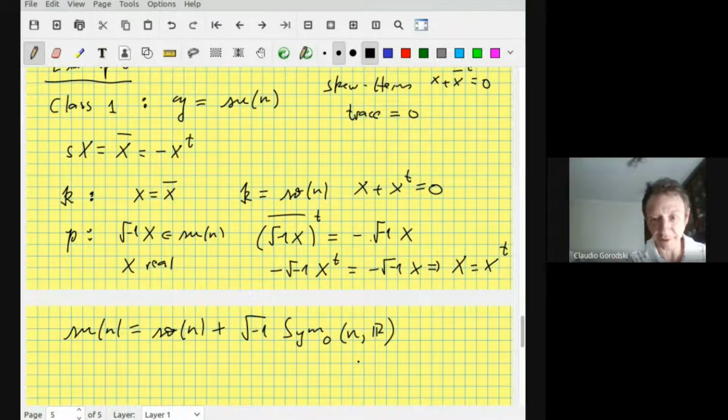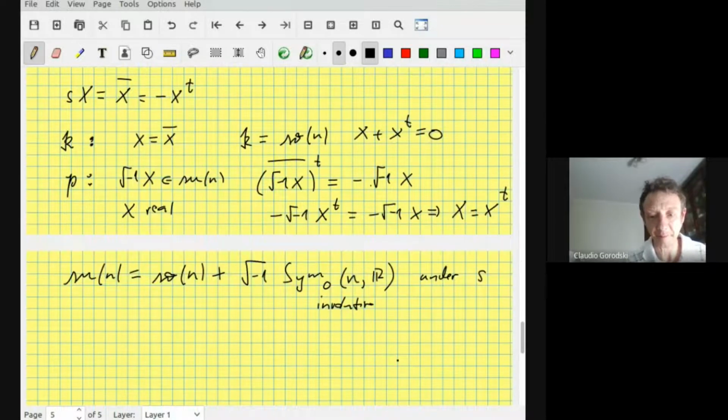This is the involutive decomposition under S. And this is class 1 because it comes from the involutive decomposition of a compact simple algebra, right?